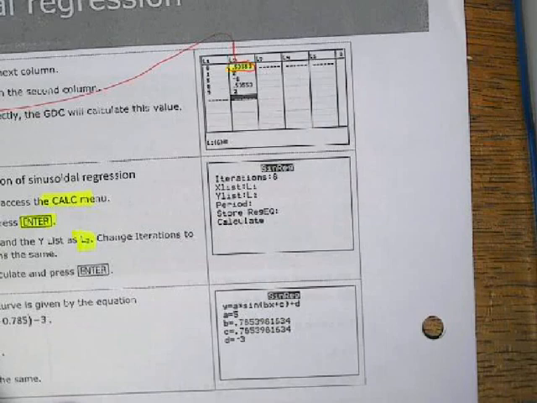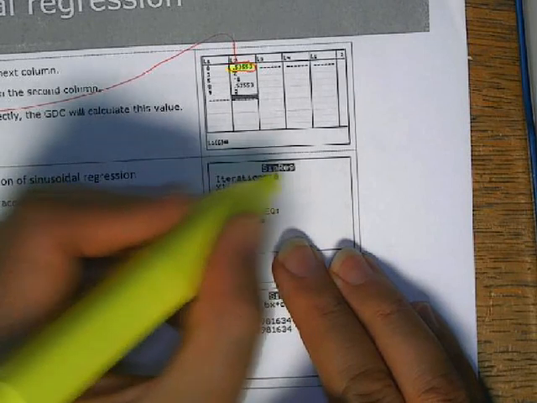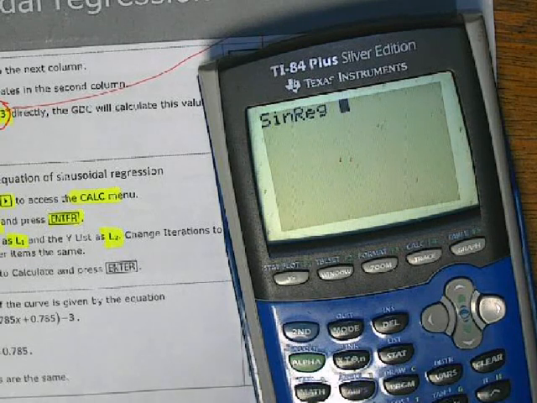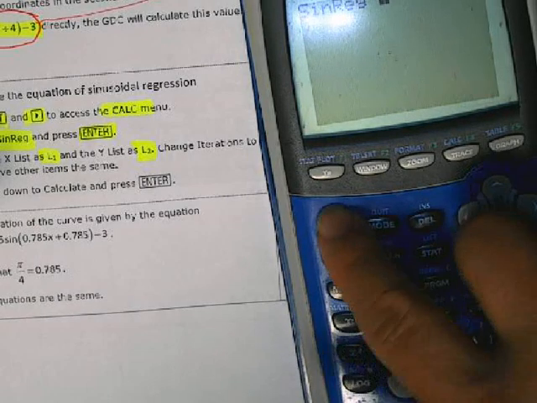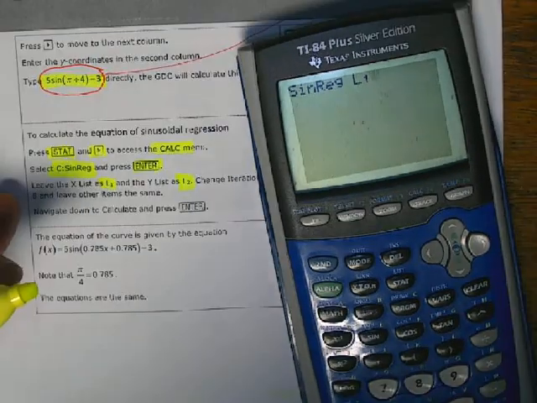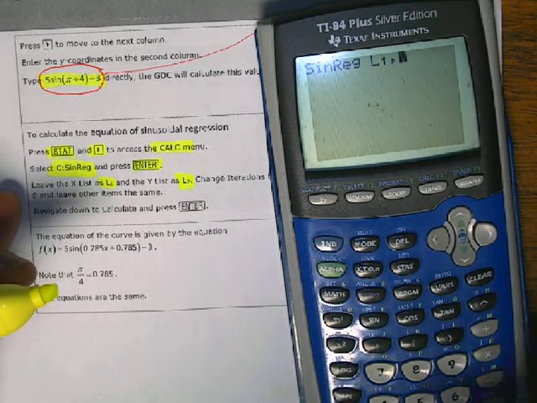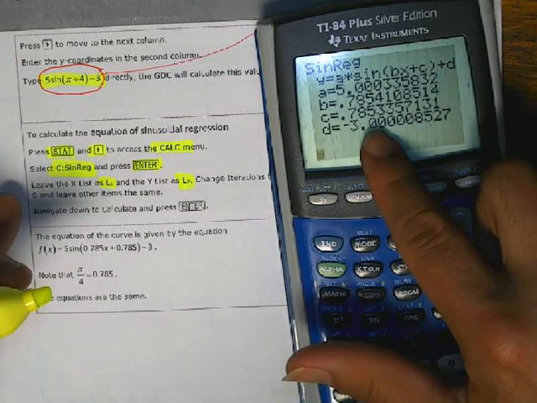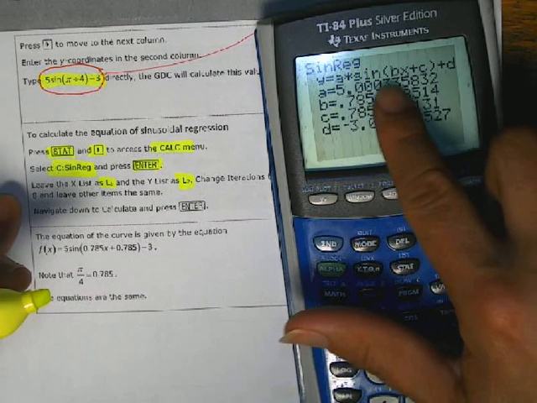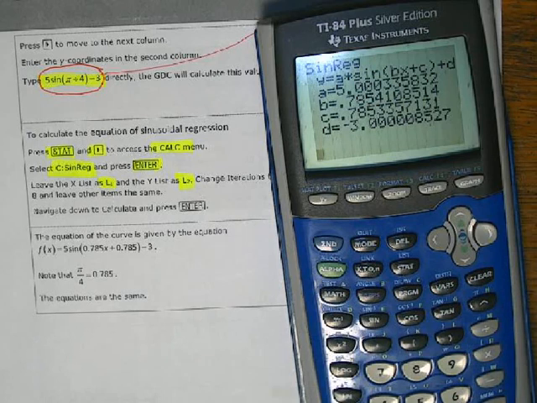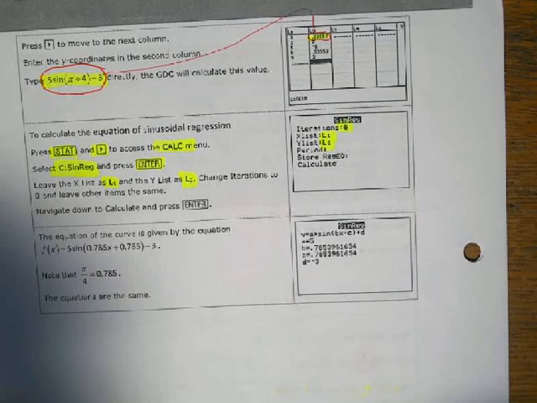Now it shows this screen here. I have an older calculator, it doesn't show that, but to get L1 I can do second 1, then comma, and then second 2 to get L2, and I hit Enter. Now it gives me these values: y equals a sine bx plus c plus d. And notice these are the same thing that you see here.